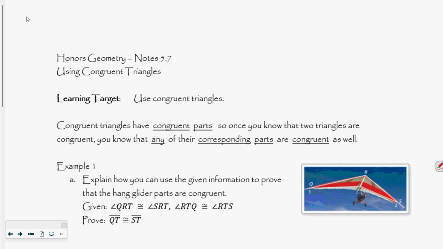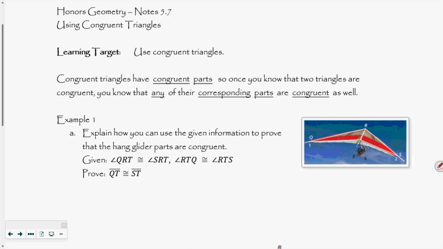So let's go ahead and take a look at this first example so you can see how we use our corresponding parts. First of all, if we look at this glider here in this picture, based on what we have been given, we want to prove that we have a pair of congruent segments here. So I know that angle QRT, this angle right there, is congruent to angle SRT, that angle right there.